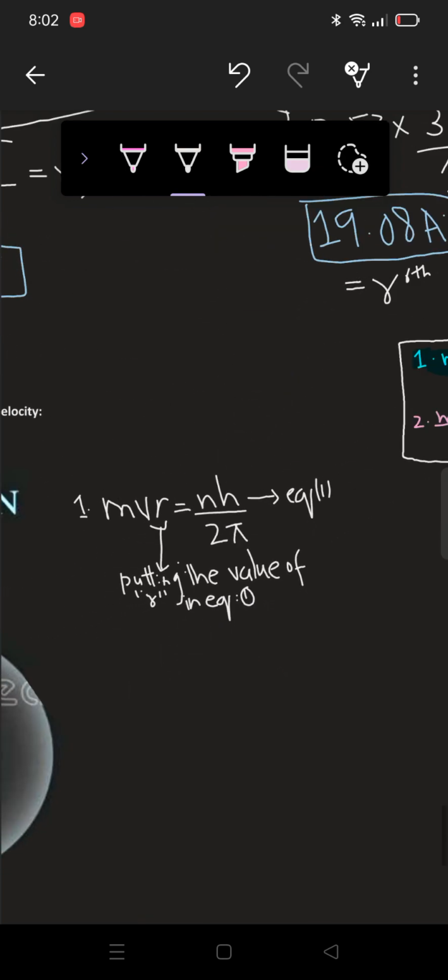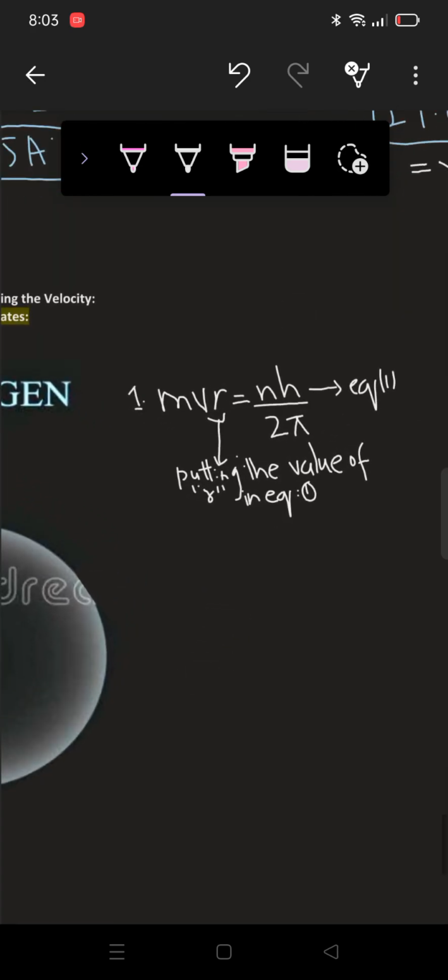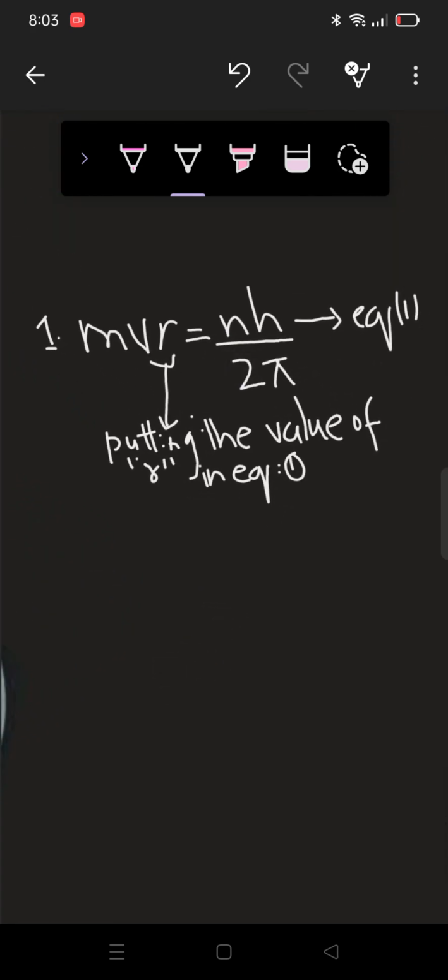I wrote our first equation, which is mvr is equal to nh by 2 pi. Now we need to put the value of r in this formula, and we know that the formula of r is n square h square epsilon naught upon pi m z e square.